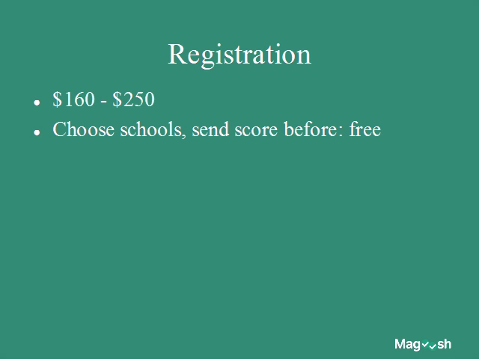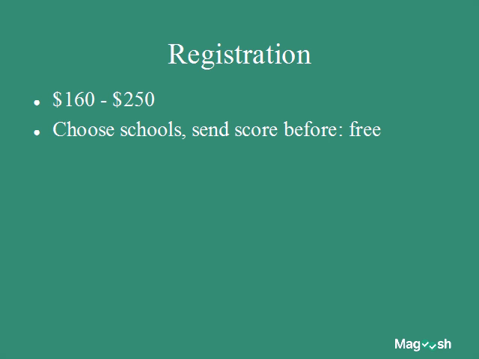Before the test date, when you register, you can choose which schools to send scores to. So if, for example, I'm going to take the test in July, well, in June I can decide that I want to send my scores to Yale and Harvard and Stanford. I'm going to some very competitive schools.